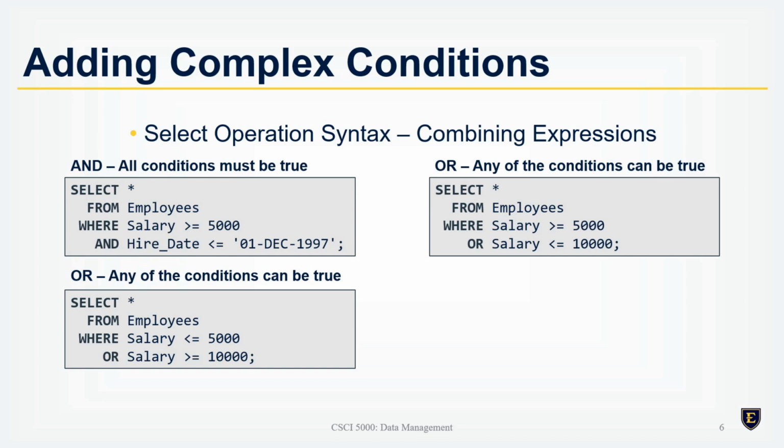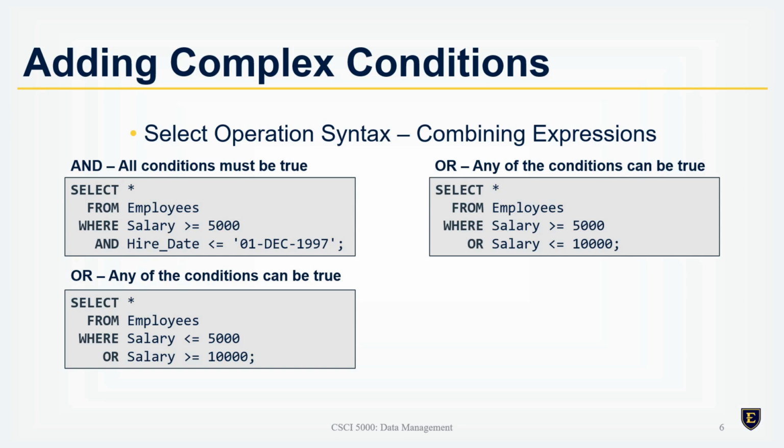Here's another example of or. If you switch the signs on this, so the salary is greater than or equal to 5,000 or the salary is less than or equal to 10,000, what do you get? Since any of the conditions can be true, anything greater than 5,000 would be true, say 12,000.